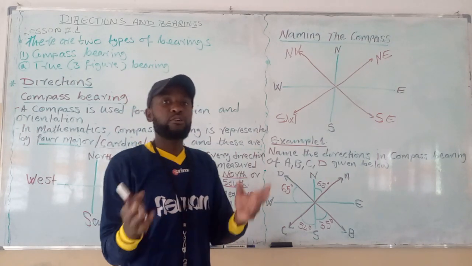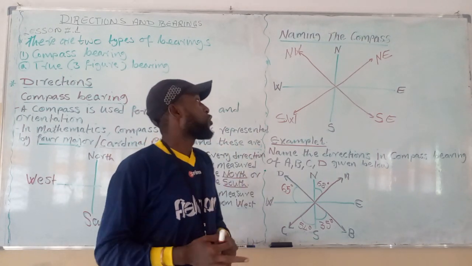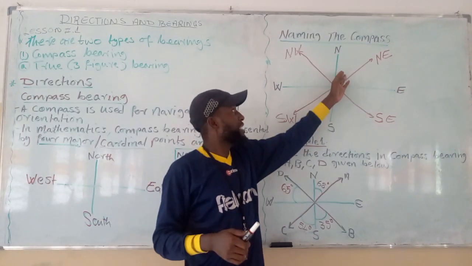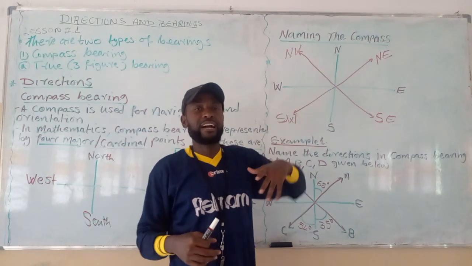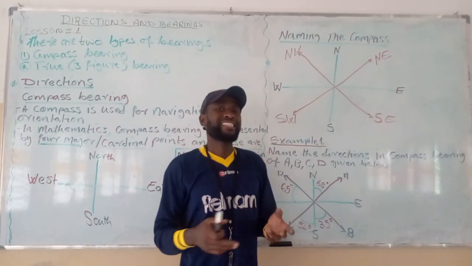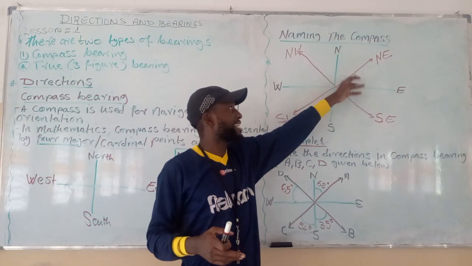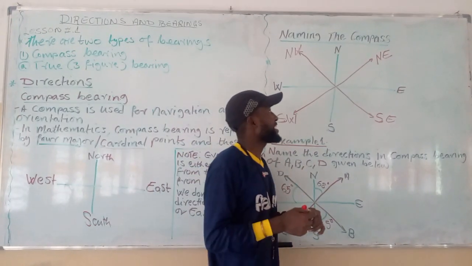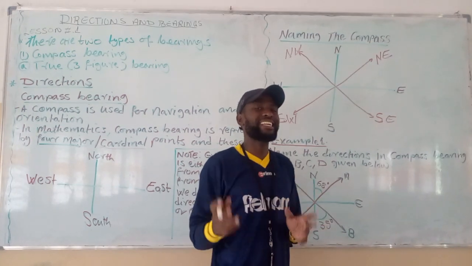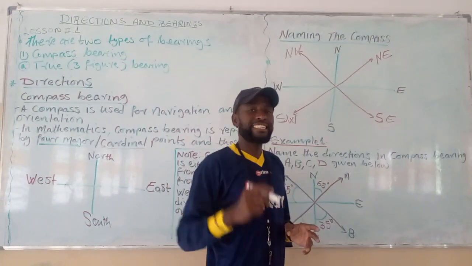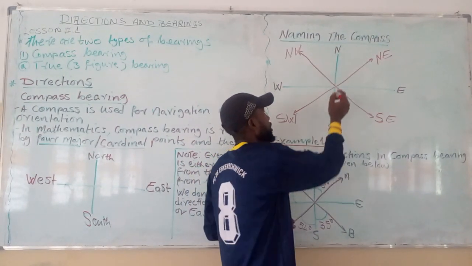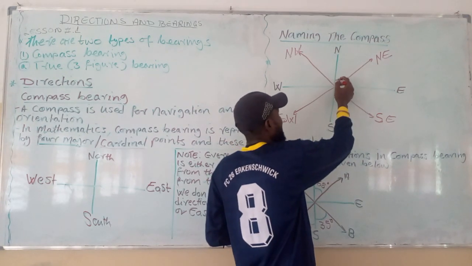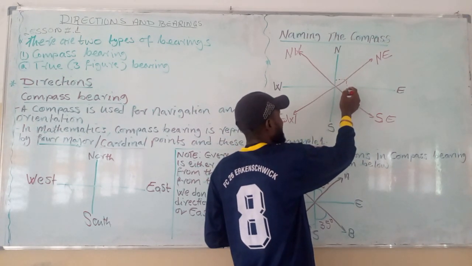Now, remember in angles, which is a grade 9 topic, we looked at complementary angles. We said that two angles that add up to 90 degrees are called complementary angles. And we know that in every direction between north and east, there is a 90 degrees angle formed. This is 90 degrees, as you can see.